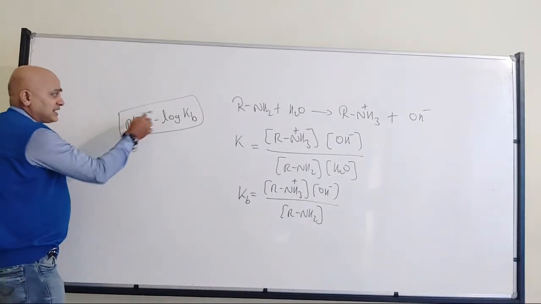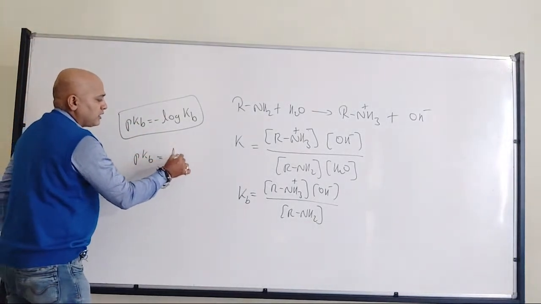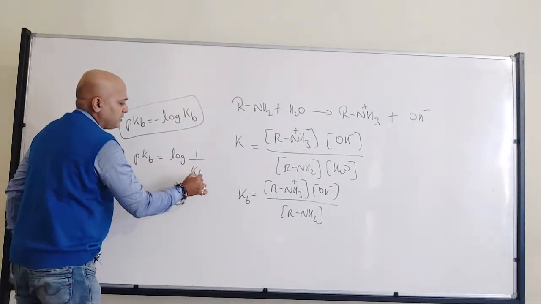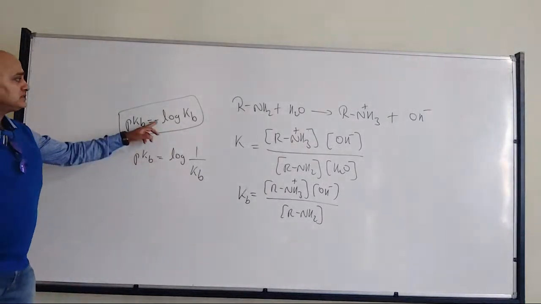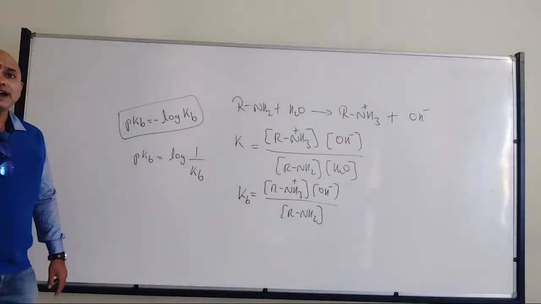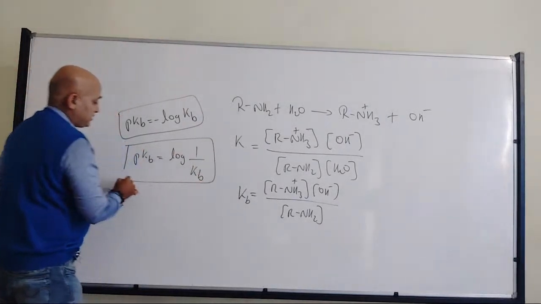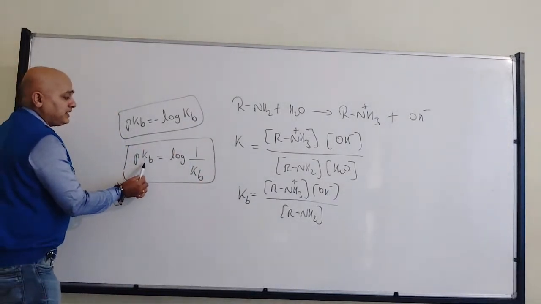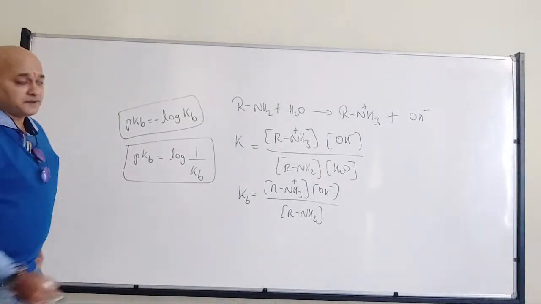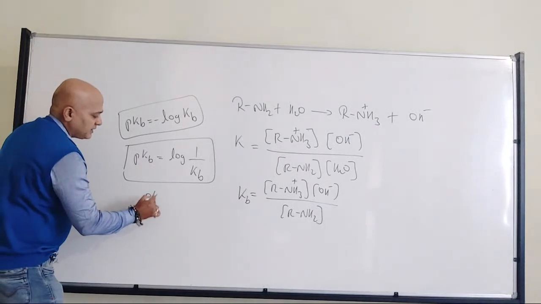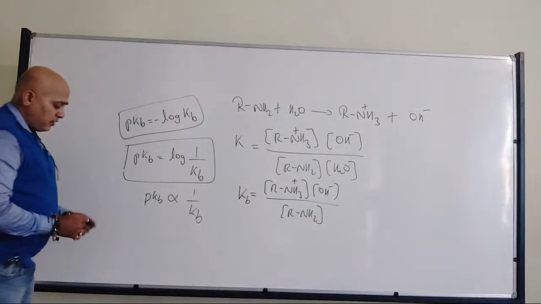If I rewrite this equation, I can say that pKb is equal to log of 1 by Kb, because the minus sign is there. Now there is no minus sign. I can observe pKb and Kb are inversely related to each other.